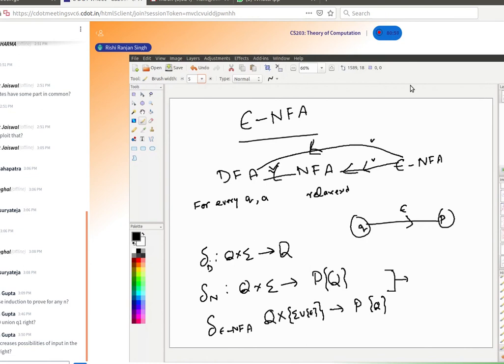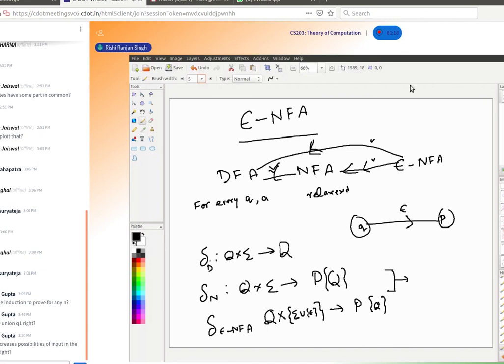Okay, epsilon increases the possibility of input in the machine, right? Yes, correct. So now you have more possibilities of input, but by doing that, do you recognize a larger set of languages? The answer is no. To prove that, you have to prove that for every ENFA, you have an equivalent DFA.